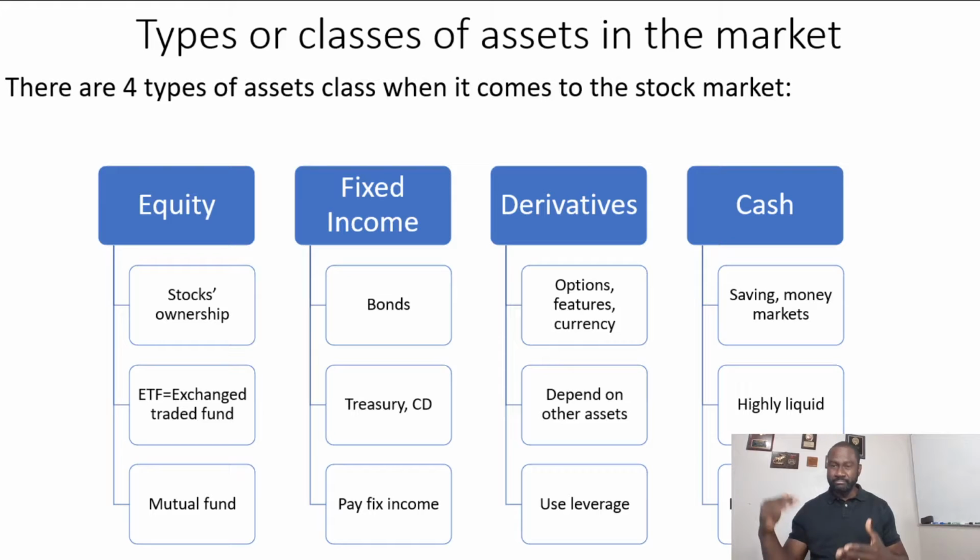You can buy 100 shares of Apple for about $15,000, or you can buy an option on 100 shares of Apple for about $200 or $300.